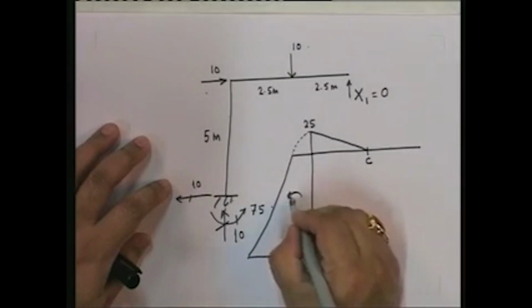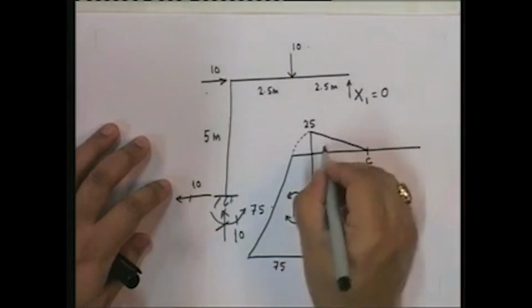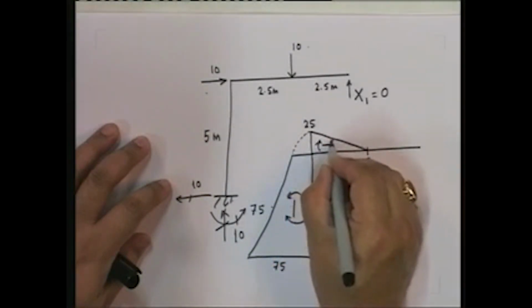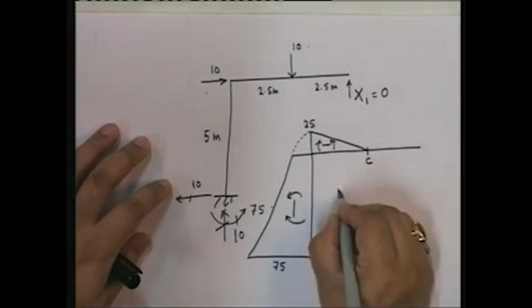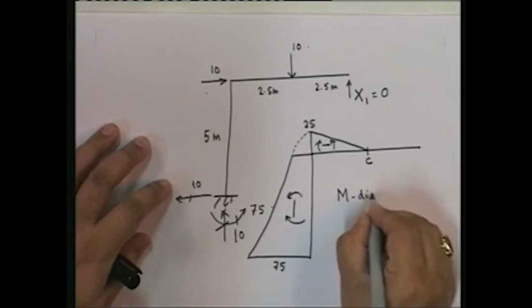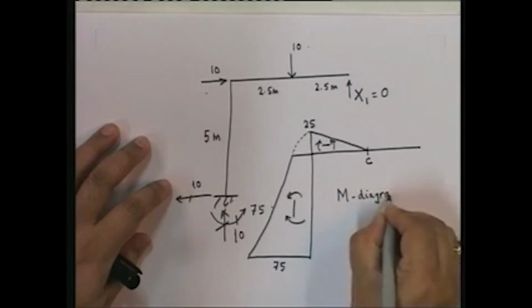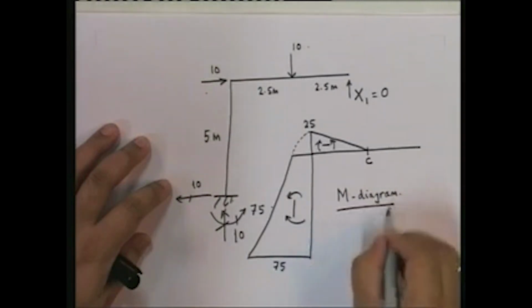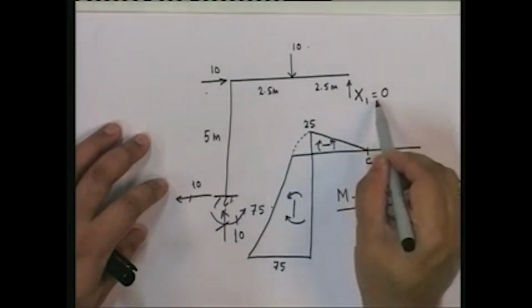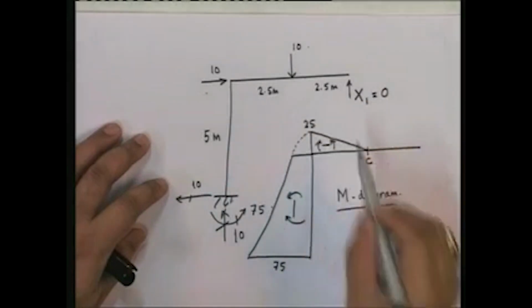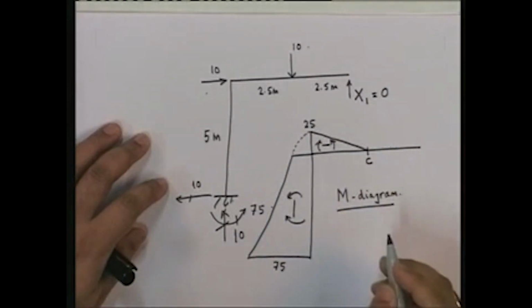The sense of the bending is this way, and the sense of the bending over here is this way. Okay, this is your bending moment diagram, M diagram. This is M diagram for x1 equal to 0. So this is the base structure bending moment diagram.